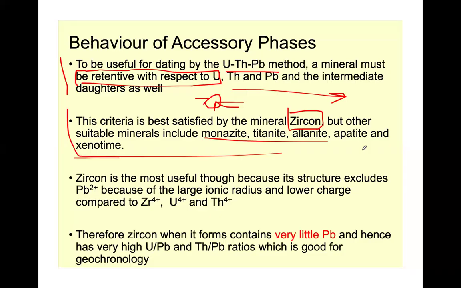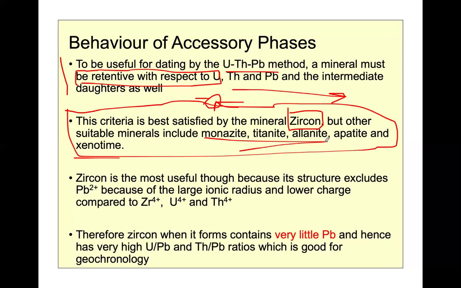So this is another important point: accessory mineral geochronology. Zircon and monazite are also used, right? The closed-system behavior is best exemplified by zircons. Therefore, globally, people want to use zircon for uranium lead dating.